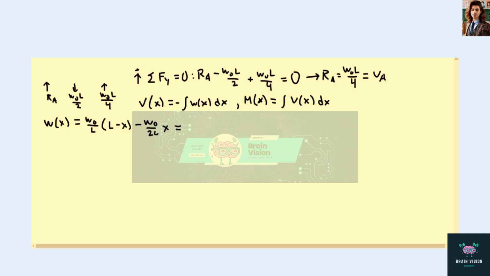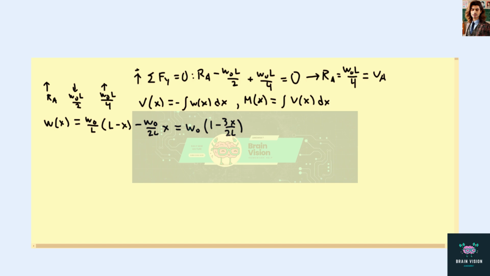Gives us the result W of x equals W0 times 1 minus 3x over 2L. Okay, so this we can use to find our V of x and our M of x, and we'll use our initial condition that the shear at A is equal to the reaction at A, W0L over 4.